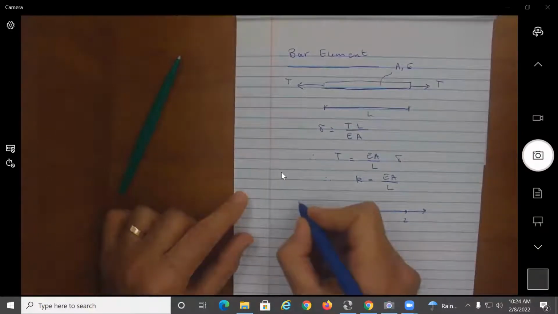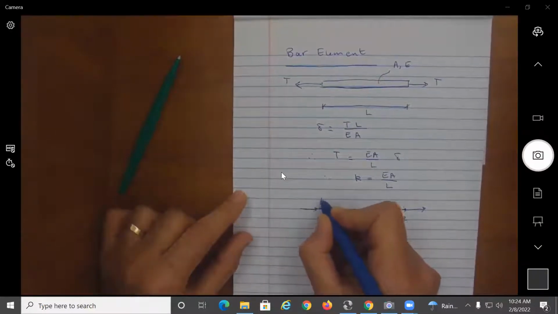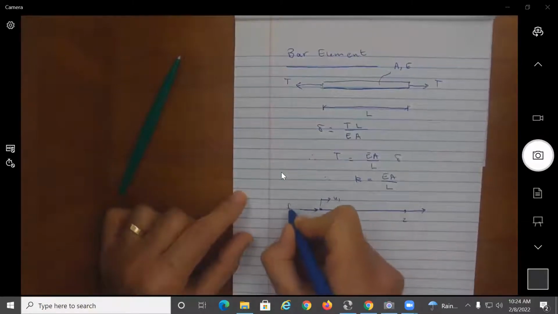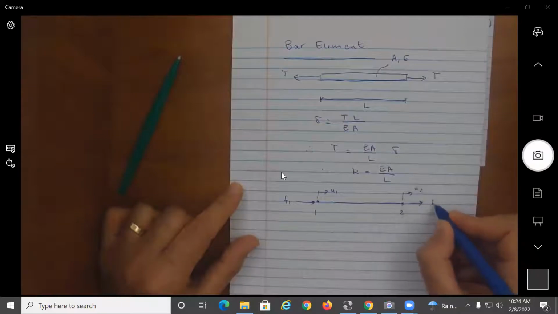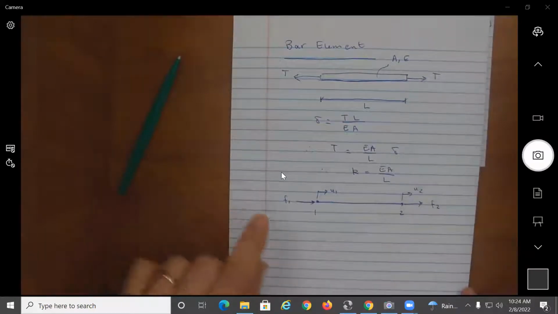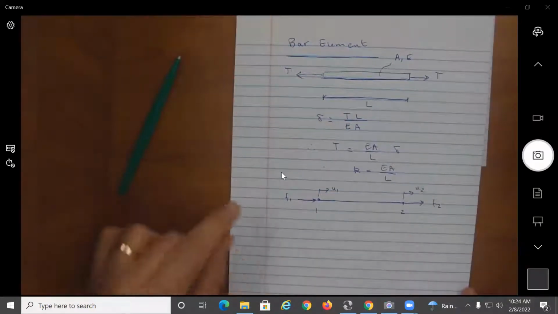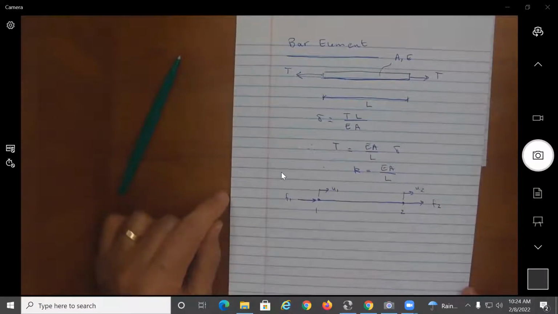So I can have here a U1 and a force F1. I will have here a U2 and a force F2. And by the way, F1 and F2, we're going to refer to as element forces. You can think of them as internal forces.